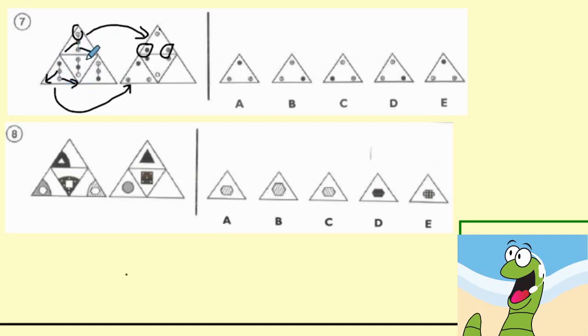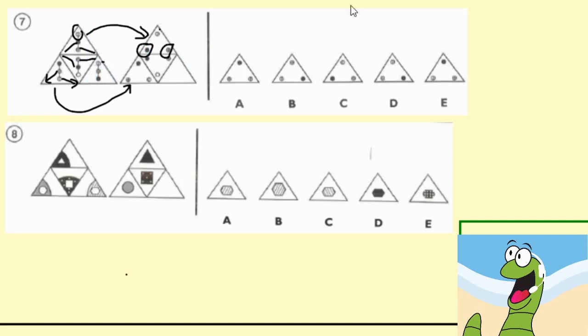So let's have a look to see what happens on this triangle. That one stays there. Now if we follow our pattern but just flip it around, the dark one goes there and the bottom one goes over to the right, which is basically a mirror image of that one.